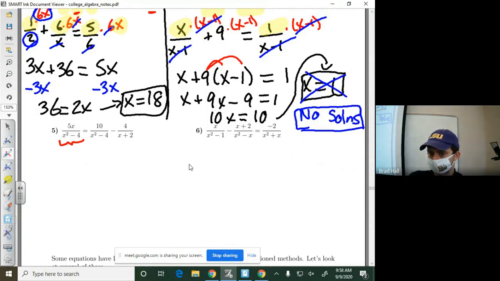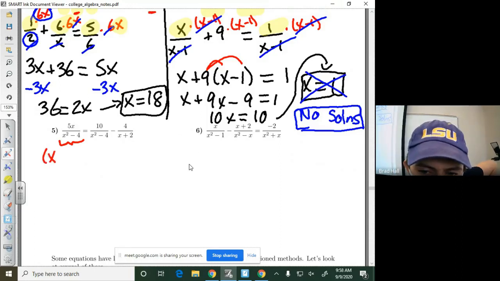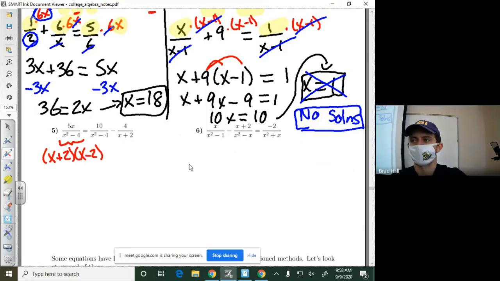Now, you definitely need to recognize that this is a difference of 2 squares. This is a prerequisite idea from before. And so a difference of 2 squares tells you that the factorization is precisely x plus the square root of 4 and x minus the square root of 4.